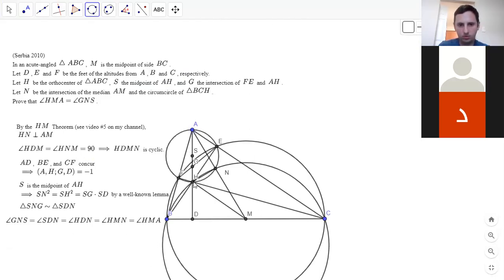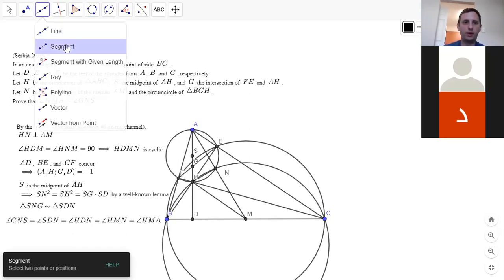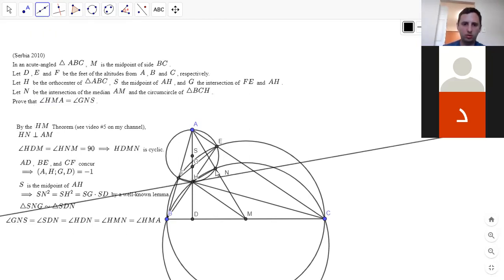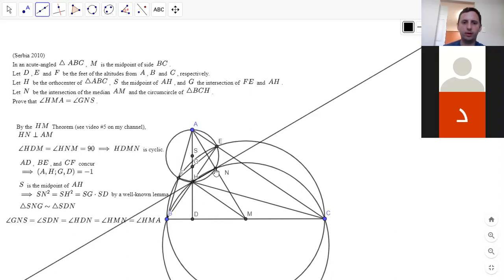And then we let MH intersect it at I. HM intersect the circle at I. The big circle? No, the circumcircle of AHN. Oh, the circumcircle of AHN.